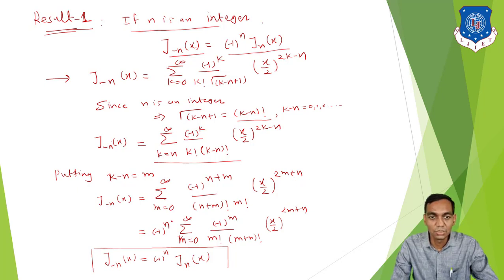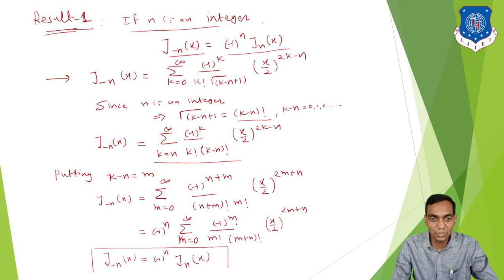Correct? So minus 1 raised to n common out, into sigma m running from 0 to infinity, minus 1 raised to m upon m factorial into m plus n factorial into x by 2 raised to 2m plus n.